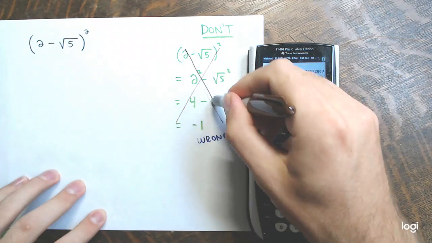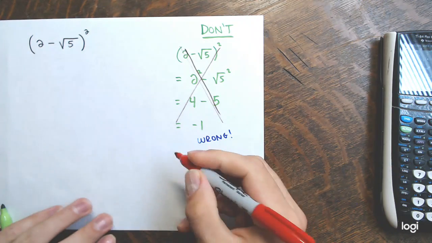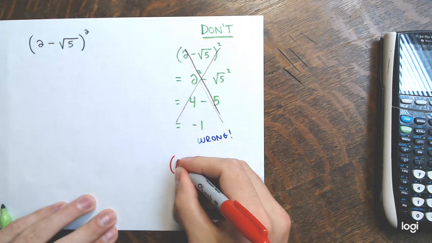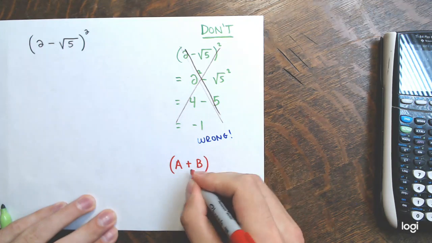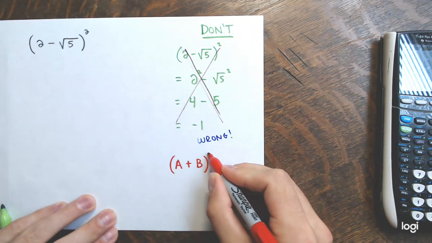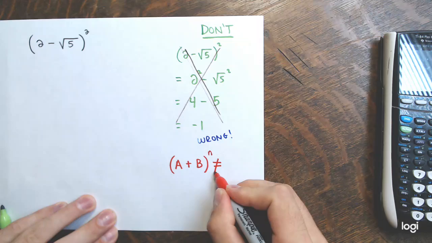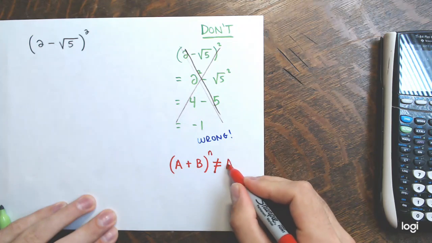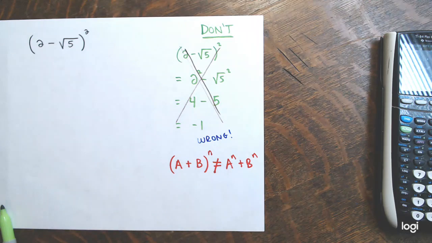Do not distribute powers. In fact, in general, when you see a sum or a difference, a plus b or a minus b to the nth power, this is not a to the nth plus b to the nth. You do not distribute powers.